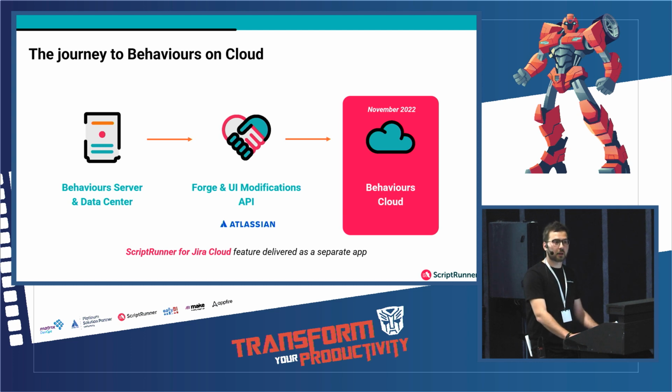And just to avoid any confusion, this is a free app, as it is included in your ScriptRunner license. Another thing that I would like to mention here is that Behaviors uses TypeScript and not Groovy as its scripting language. So it should be easier to write the code for behaviors, but also because it adds type safety, it will help the Jira admins to write better code and with fewer errors.